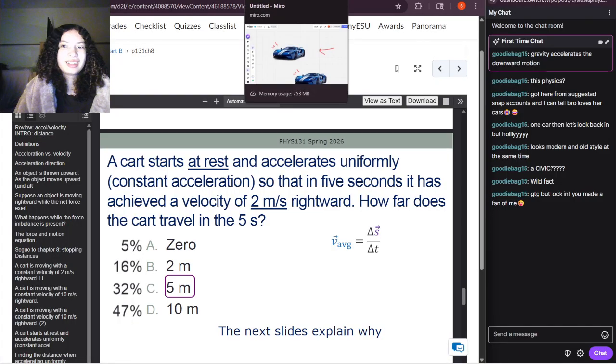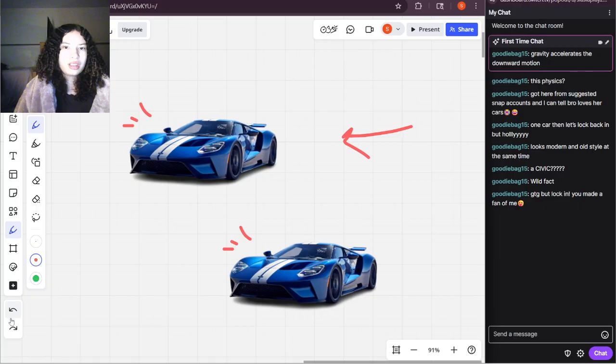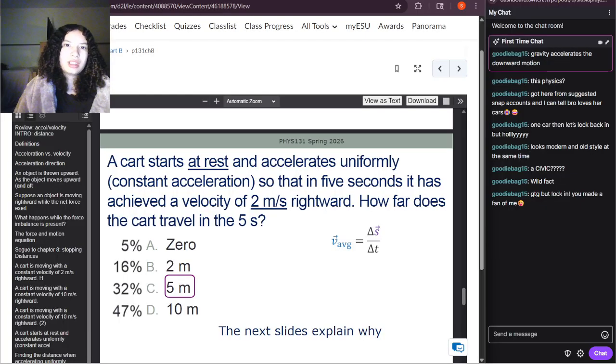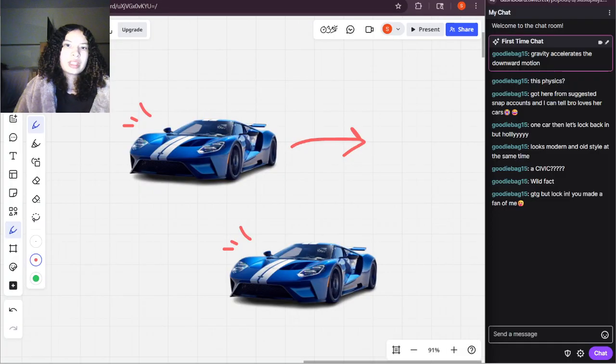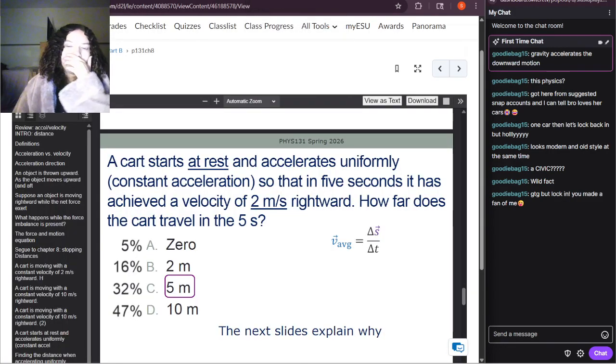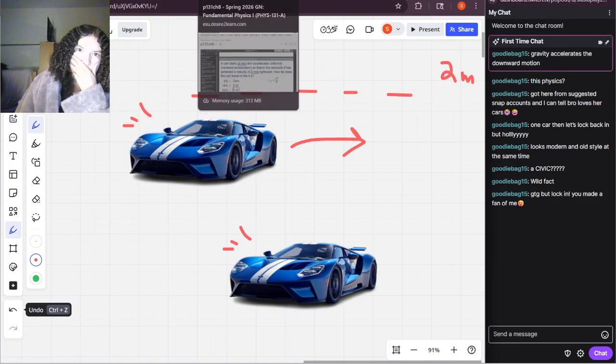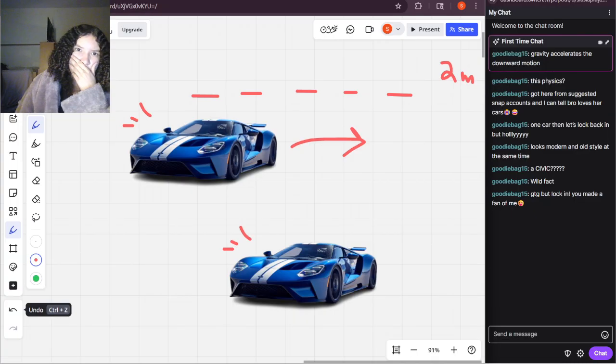And over 5 seconds, it has sped up to 2 meters a second rightward. How far does the cart travel in the 5 seconds?